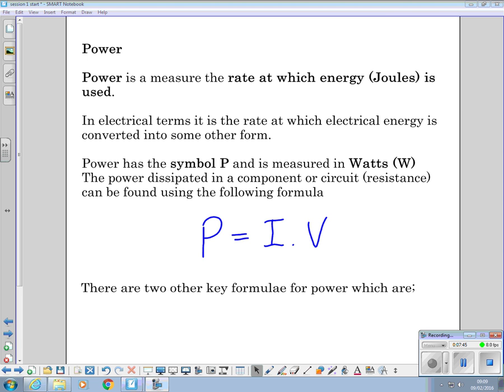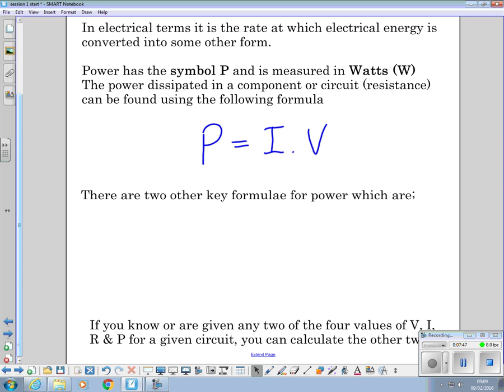There are two other ways in which you can calculate power. Anyone remember them? Who's been on the BTEC here?